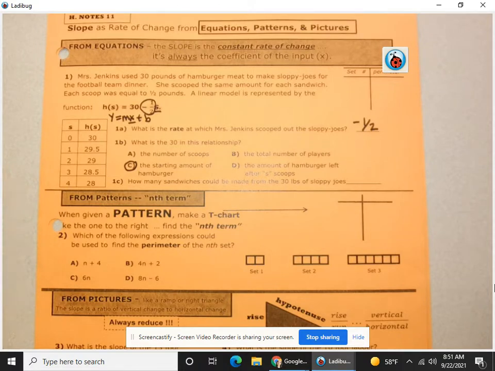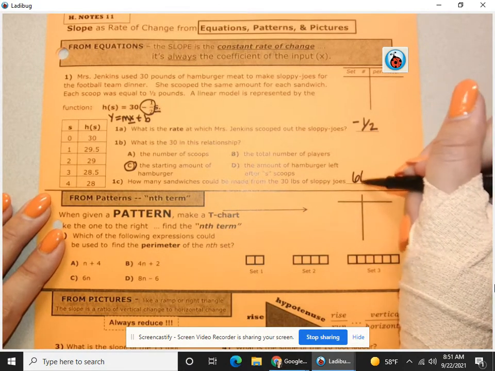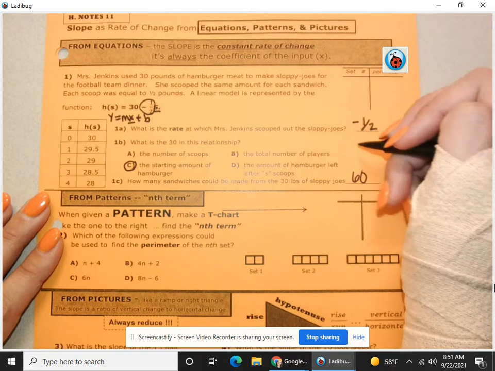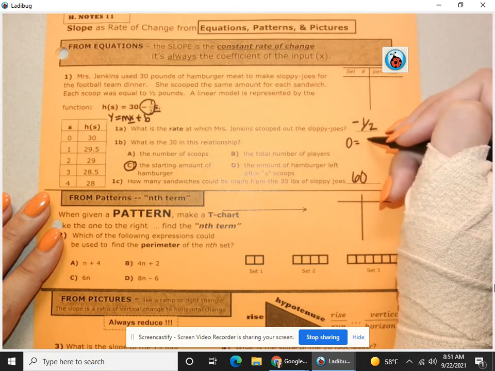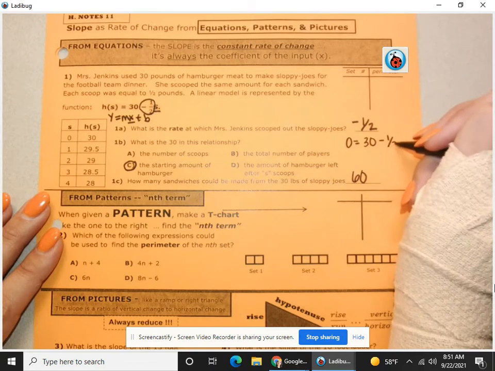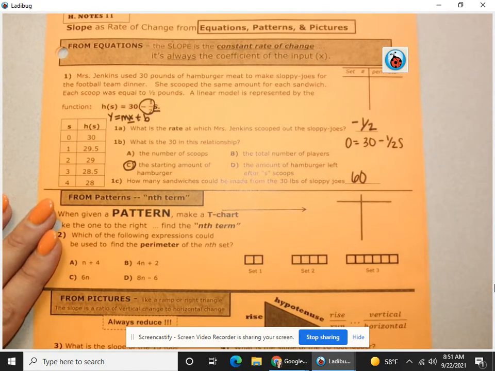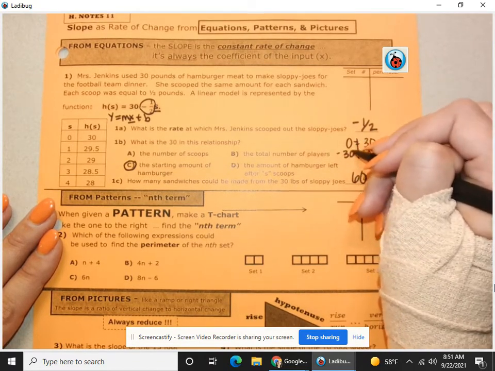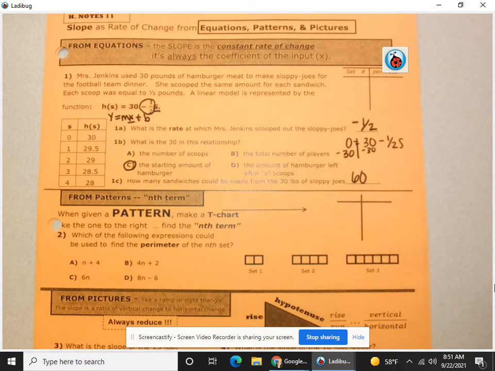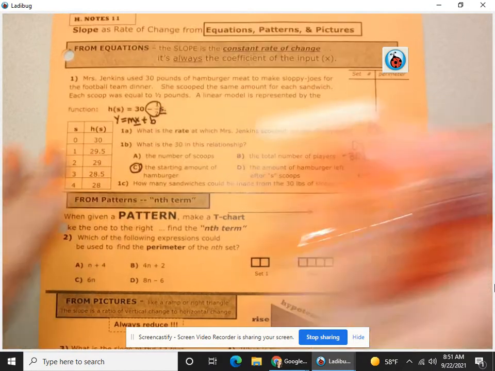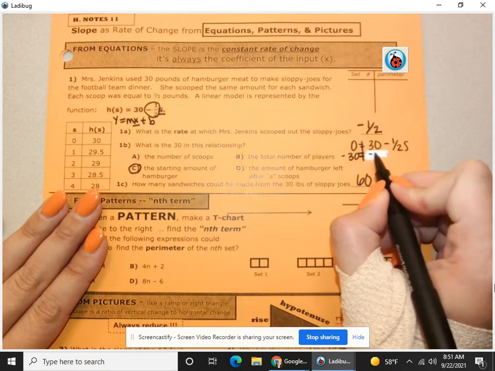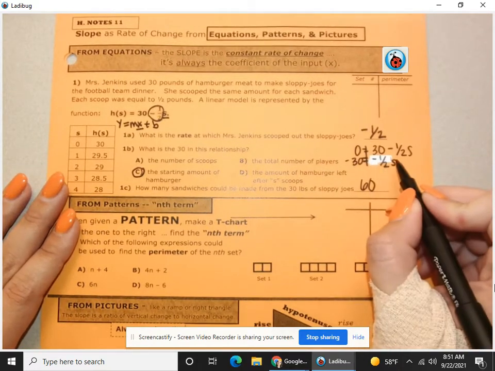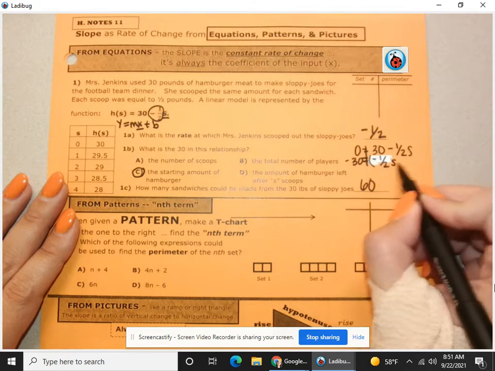That's an easy one. So a couple of things that you could do is if you wanted to find out how many sandwiches could be made, set it equal to 0 because I want 0 pounds left, and then solve for S. So I would move 30 to the other side, and it equals negative 1/2 S. And then I could divide by negative 1/2 or multiply by negative 2.